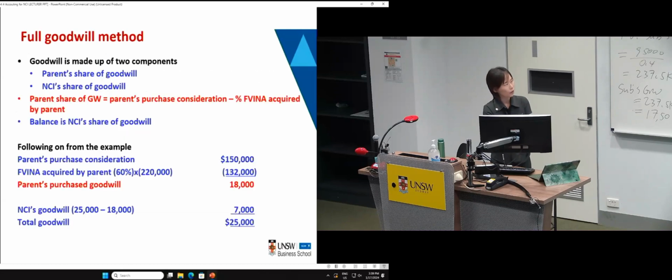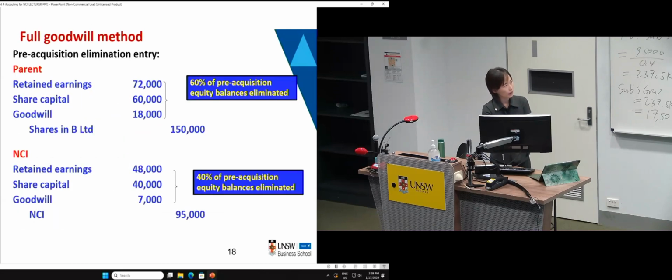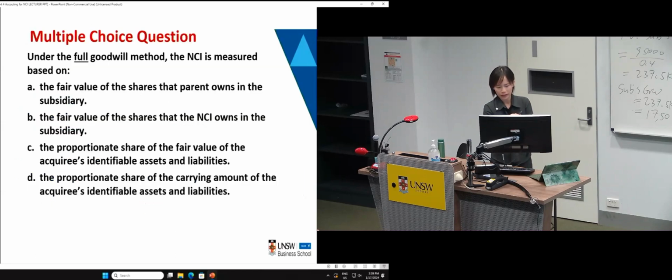So you can see on the acquisition day, NCI is equal to its fair value. Under the full goodwill method, it is equal to the fair value of the shares not acquired by the parent entity. Now, any question, feel free to ask or have a look at the following MCQ.